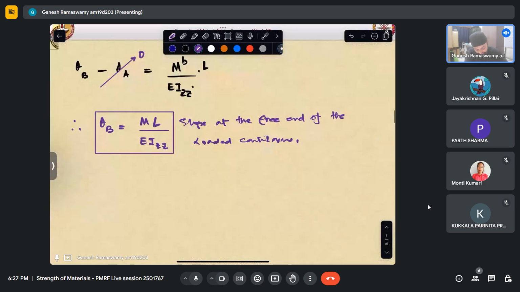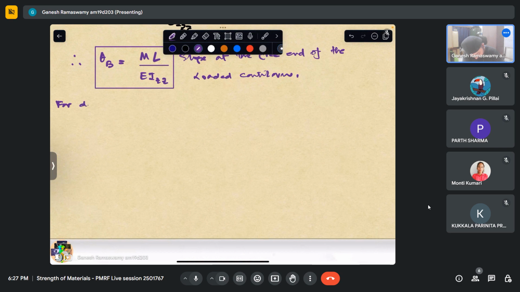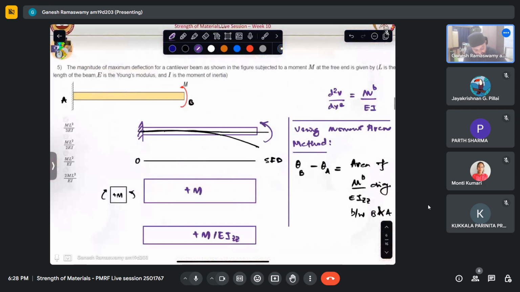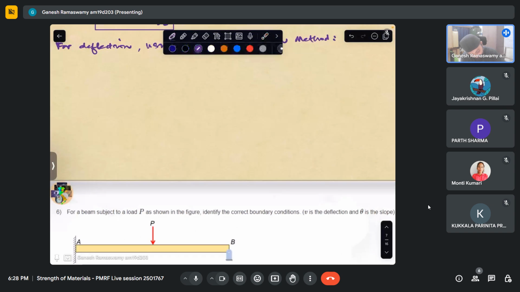Now for the deflection, using the moment area method, basically what the deflection gives us is, if the elastic curve is like that, and if we take 2 points, and if I draw tangents at those 2 points, the difference between the deflection of those 2 points is what the tangential deviation is.